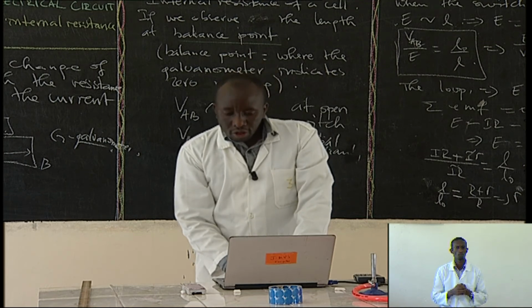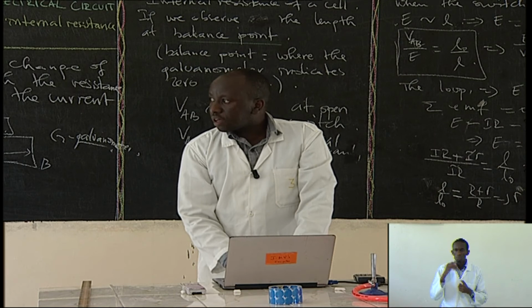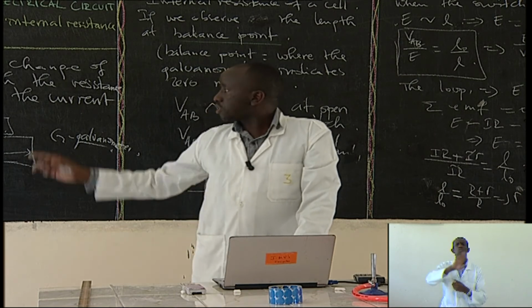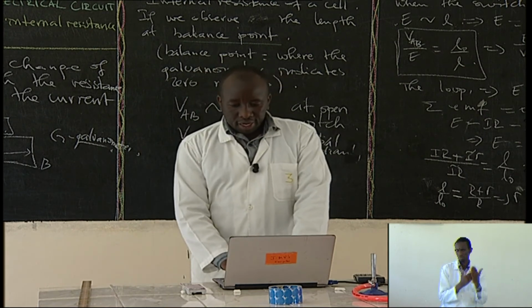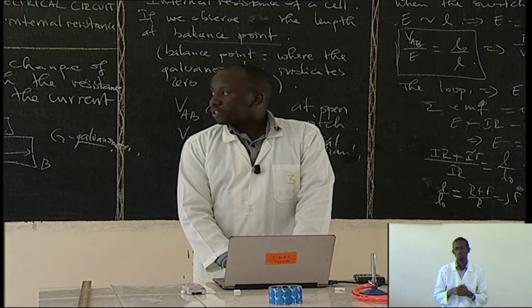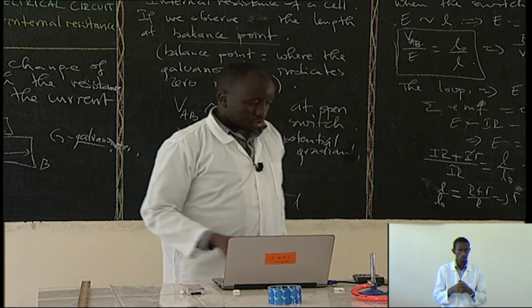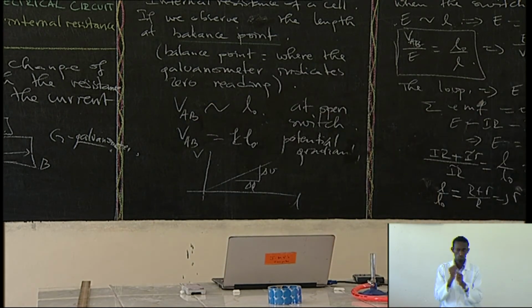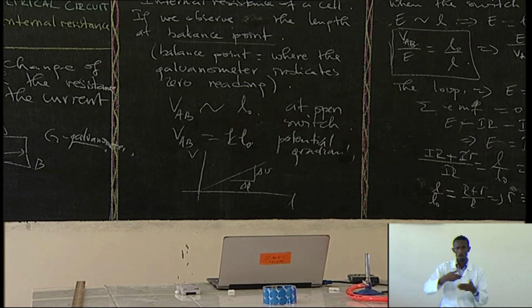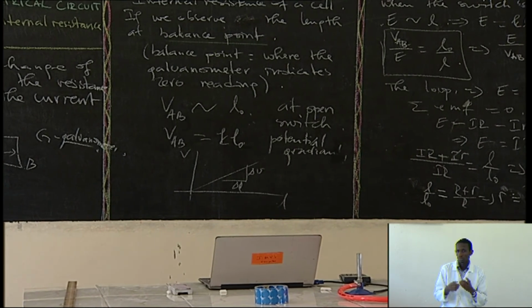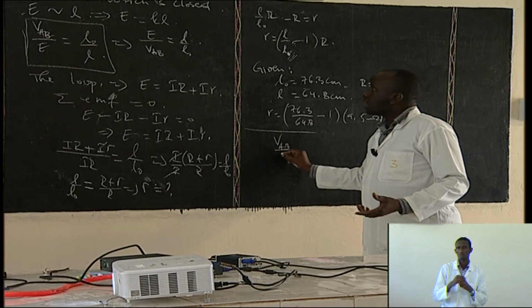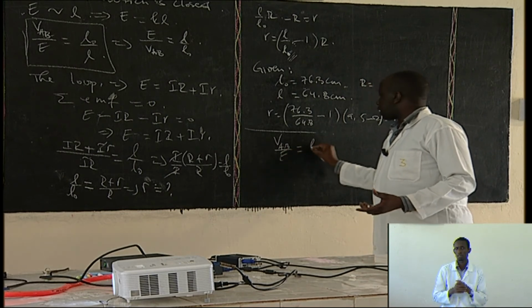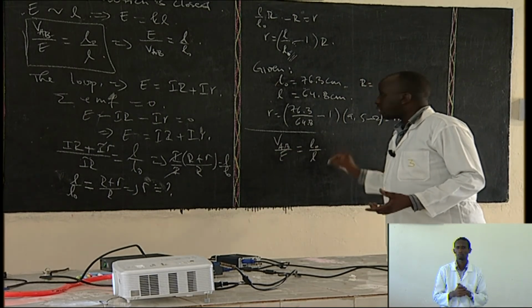And then again, what is next? We have everything here as what we started in this explanation. And then we find the expression, of course. So let's do that together now. Let's say that VAB over E equals L0 over L, right?